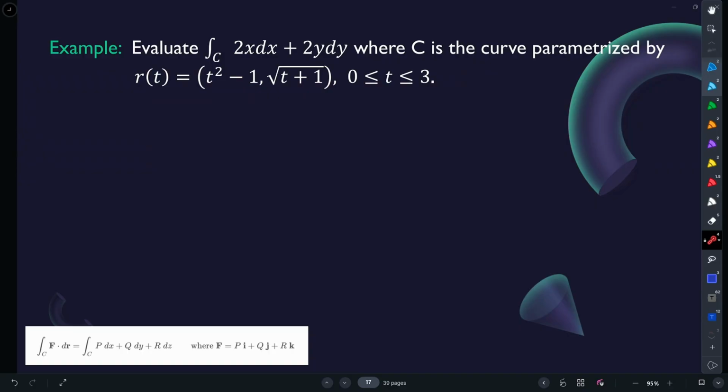Let's do another example where I want to compute this line integral. And remember what this notation meant.